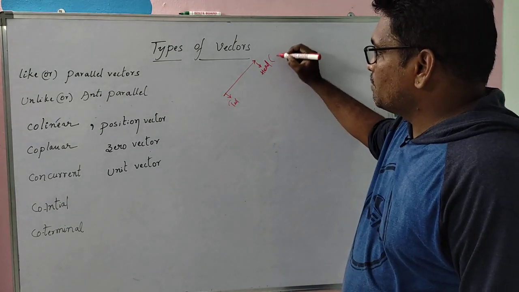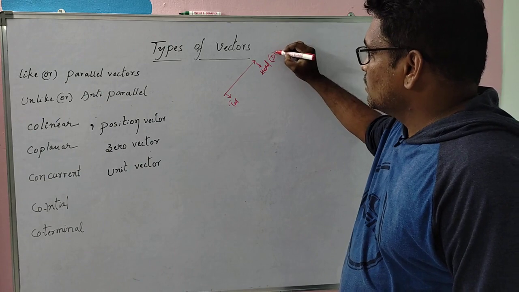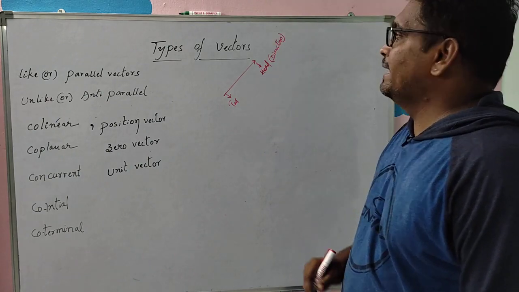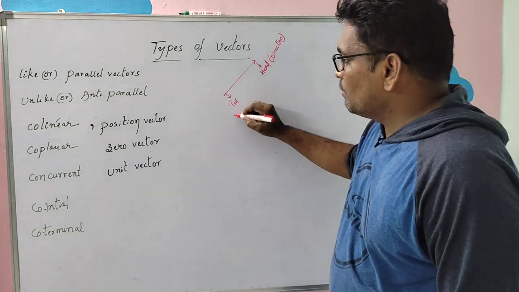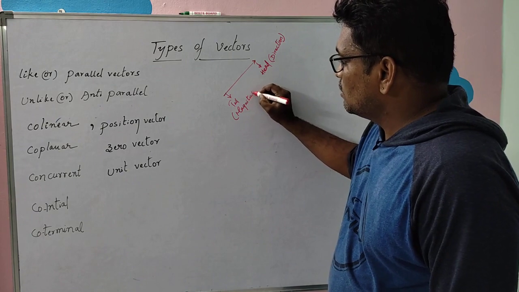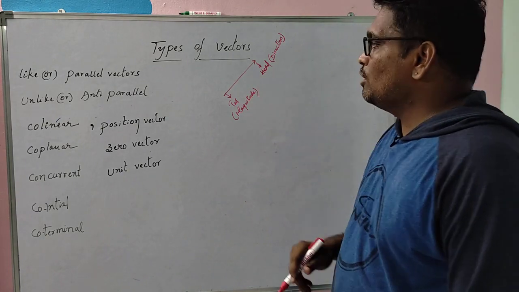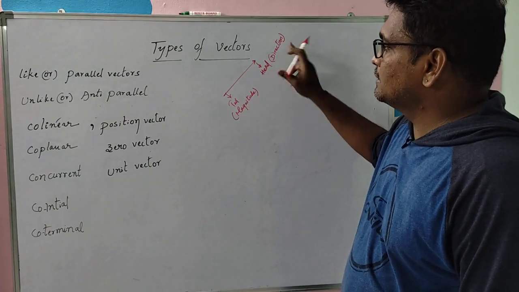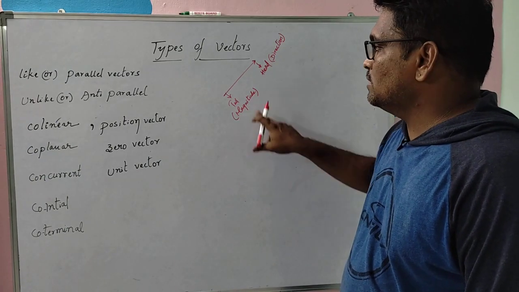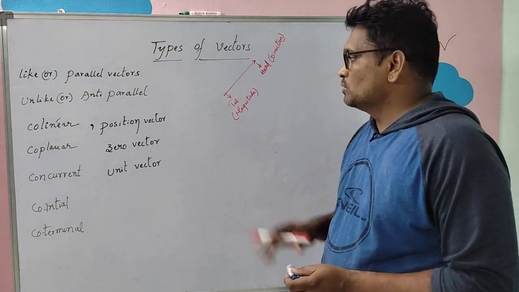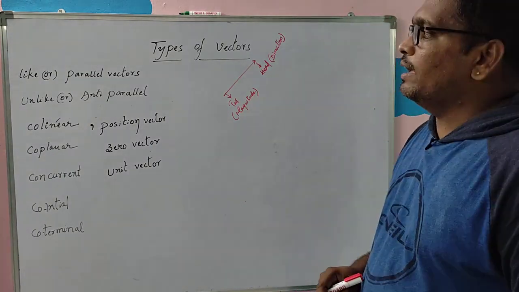The head represents the direction of the vector. The tail represents the magnitude of the given vector, the value of the vector. So any vector has a head and tail. Head indicates the direction in which it is representing, and tail represents the magnitude of the given vector.